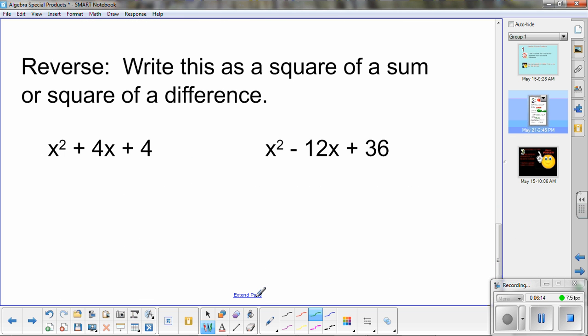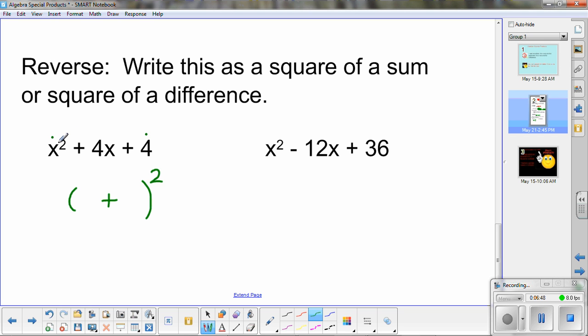Now we're going to just kind of work in the reverse. We're going to take this trinomial and write it as the sum or difference that's squared. This one right here, since these are both plus, it's going to be the square of a sum. And basically what I want to do is take the square root of the first and last term.